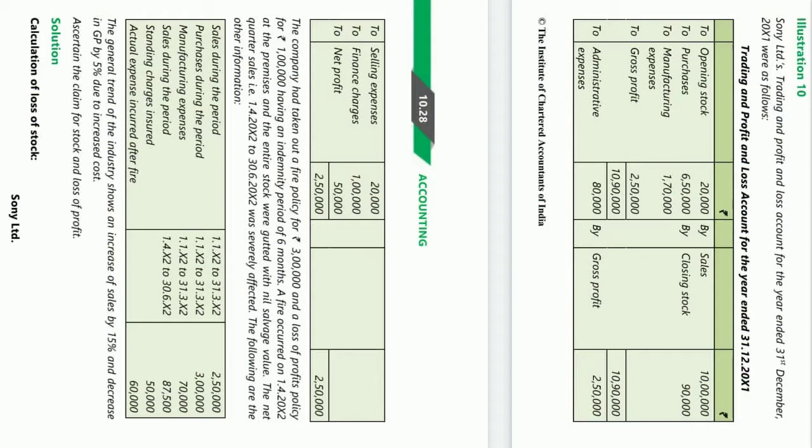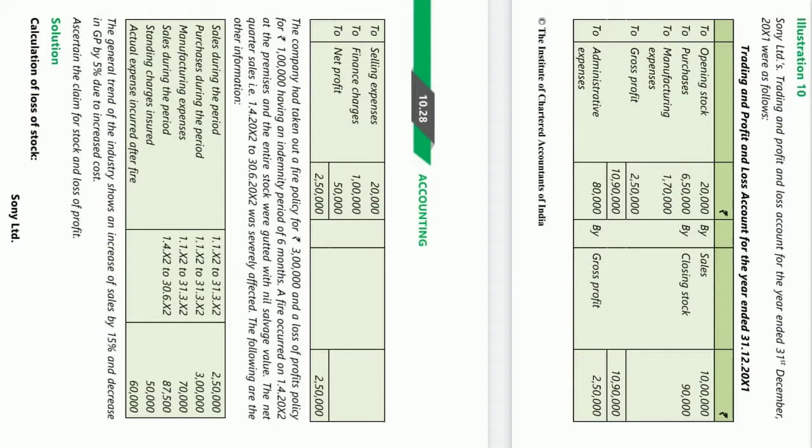The following are the other information. Sales for this current year up to the date of fire. Fire happened on 1/4/2012. So the sales for 3 months are given, and purchases during the 3 months are also given, 3 lakhs, and manufacturing expenses 70,000 for the same period, and sales for the same period 87,500, and then standing charges incurred rupees 50,000, and actual expenses incurred after fire 60,000 rupees.